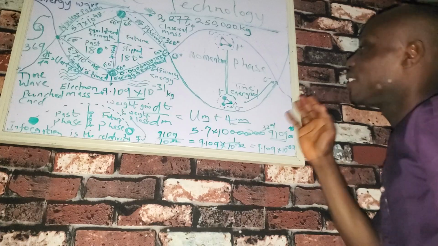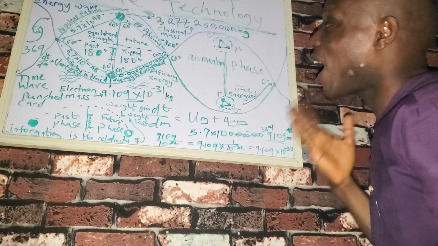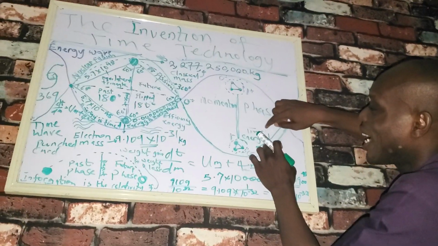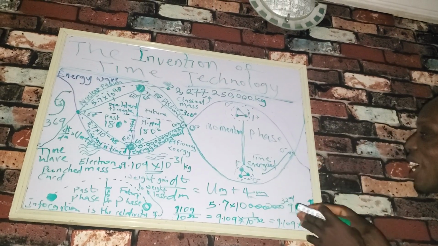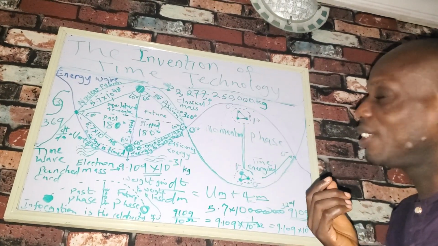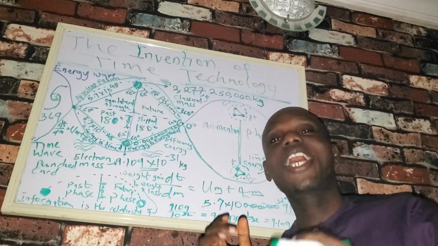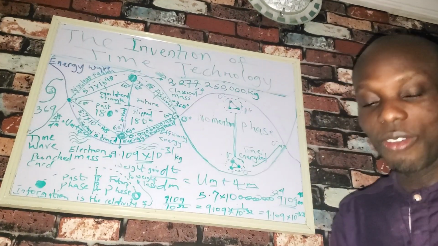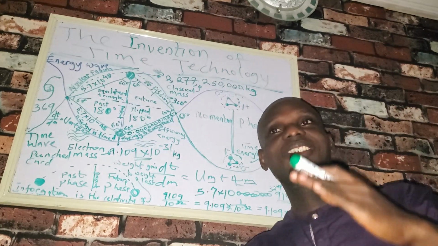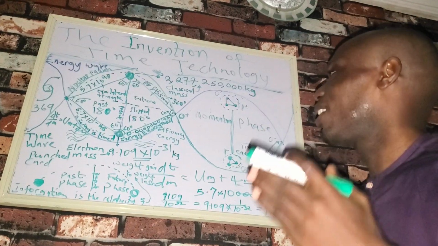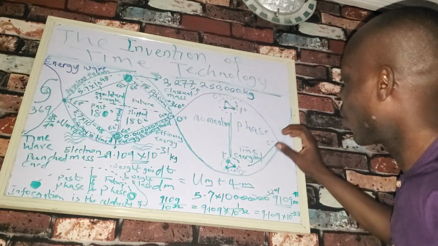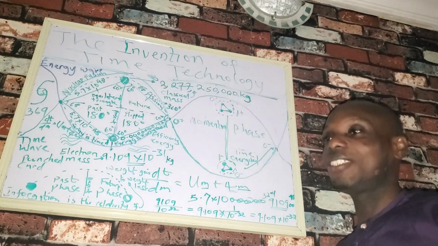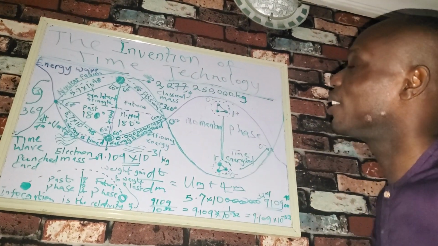Then another scenario that we may also have, that is time is energized. When we have time is energized scenario, that simply means that we are in the realm of ageless reality. So when time is energized, we are in the realm of ageless reality.